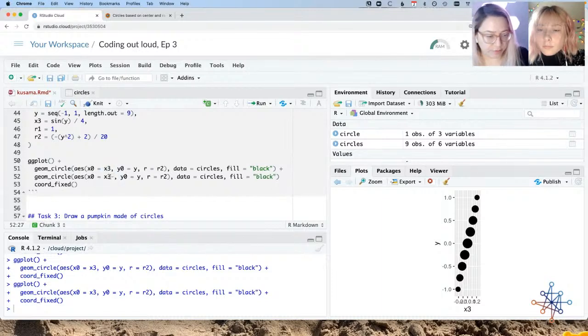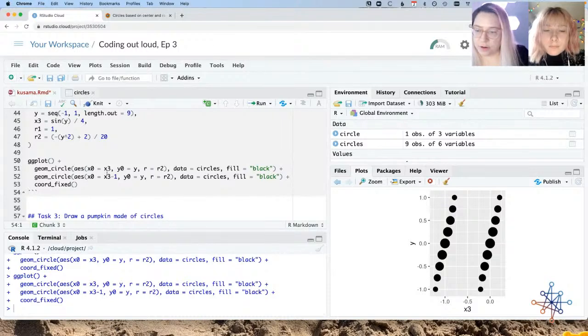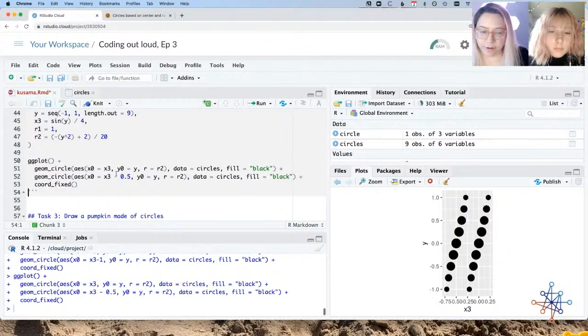How about we do, okay, what happens if I do this? Subtract one. One, maybe too much. 5. We're really getting into decimals now.